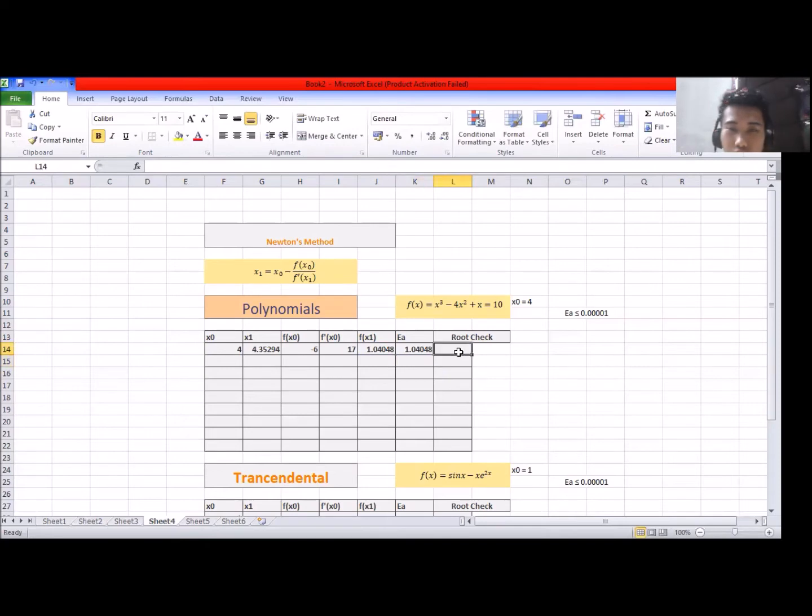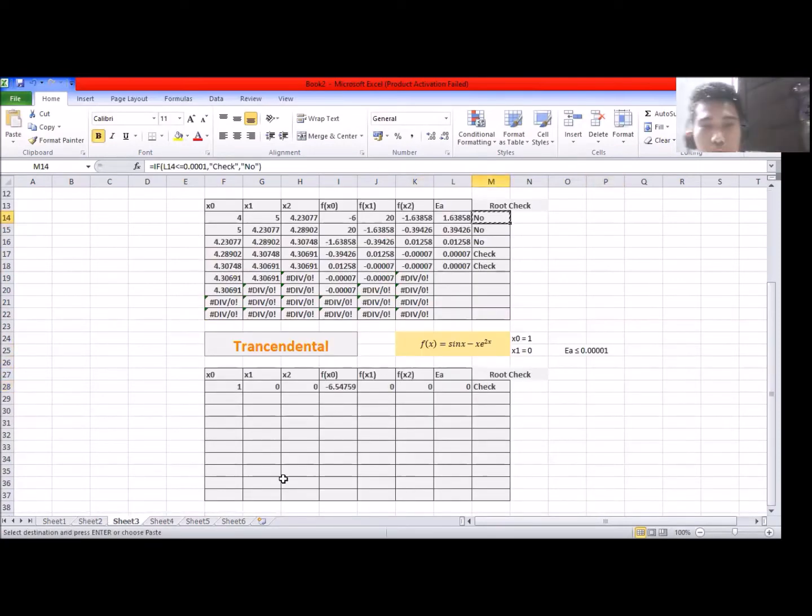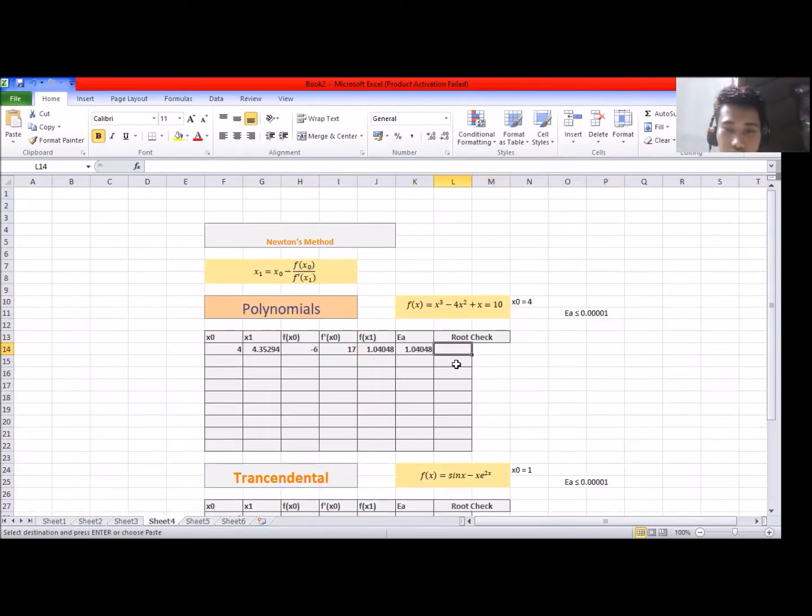So here we copy the formula to get the check, initial function.